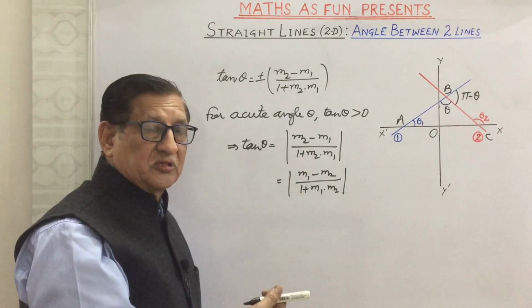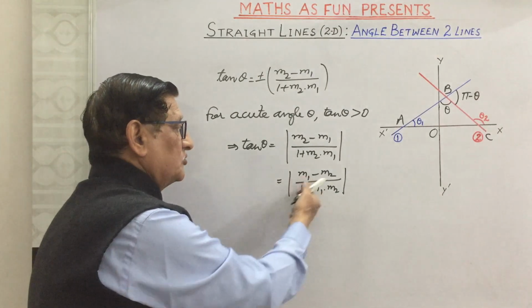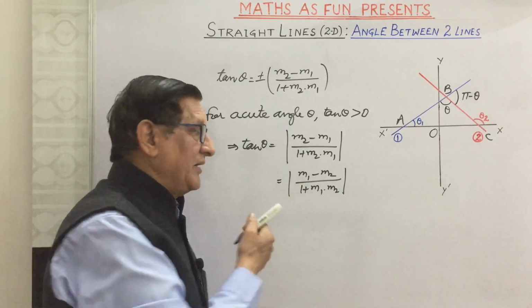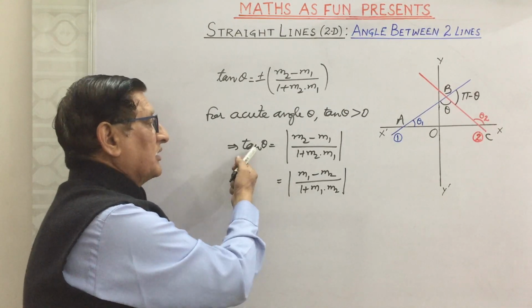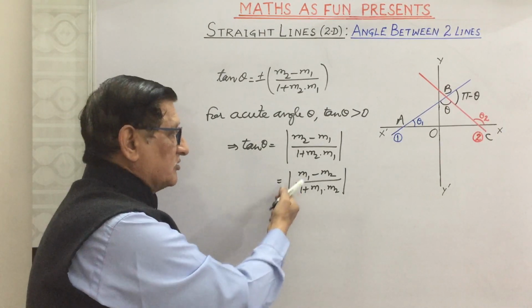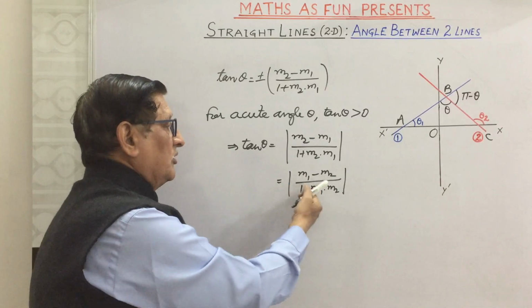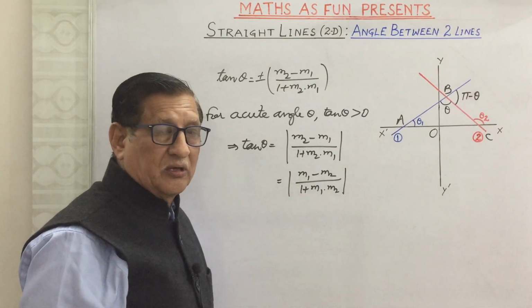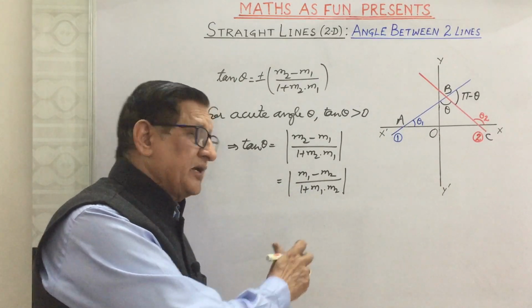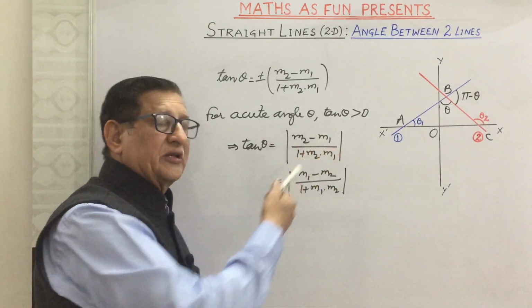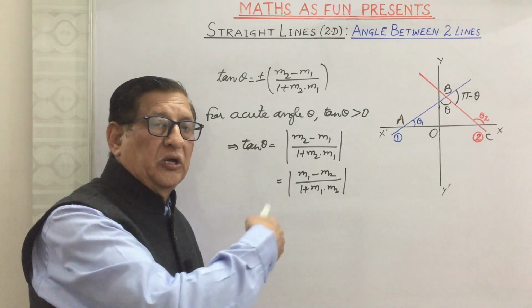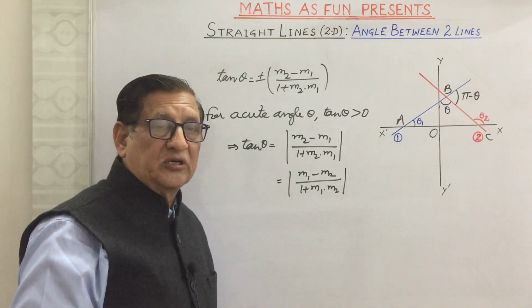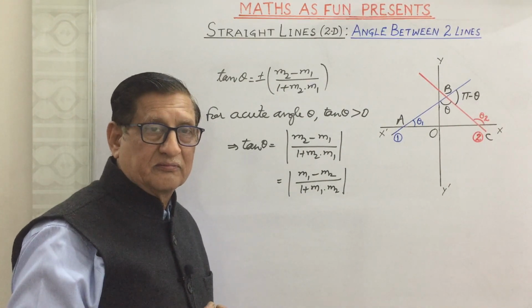Because we like to use the sequence, and here 1, 2, 1, 2 come in sequence, and hence we can also remember this as the formula to find the acute angle: tan theta equal to modulus of m1 minus m2 upon 1 plus m1 into m2. After finding the acute angle, suppose we want to find the obtuse angle, then we can subtract it from 180 degrees or pi, and we can get the value of the obtuse angle also.